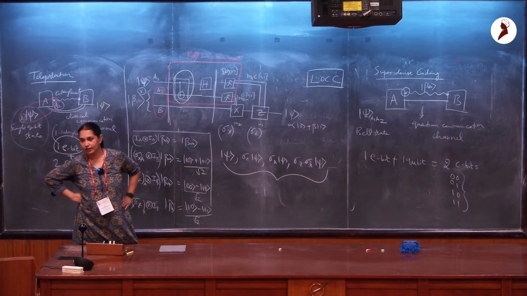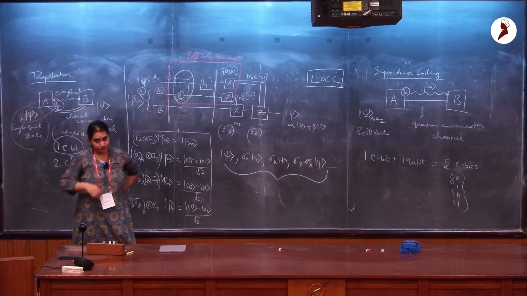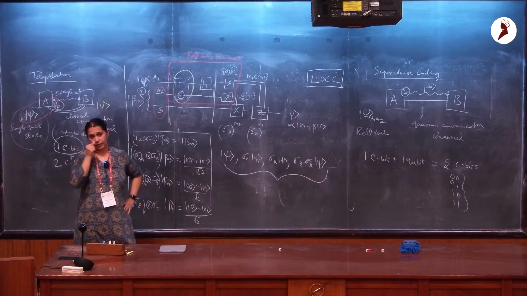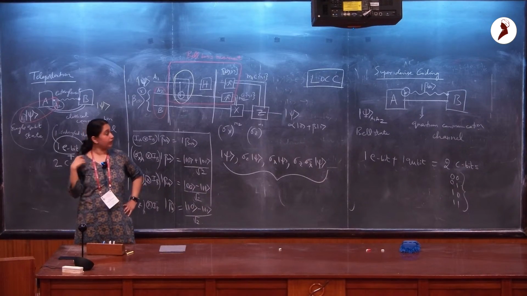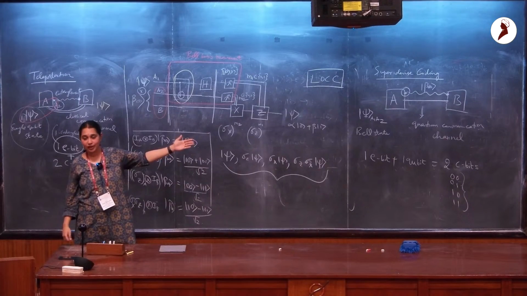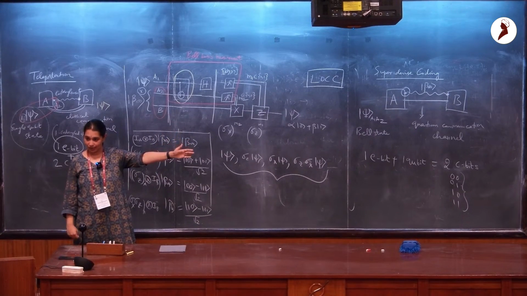Is it right to say that without entanglement, we can never communicate an arbitrary state? So the question is, if you have access to an ideal quantum communication channel, which is an idealization, then indeed you can communicate that, right?